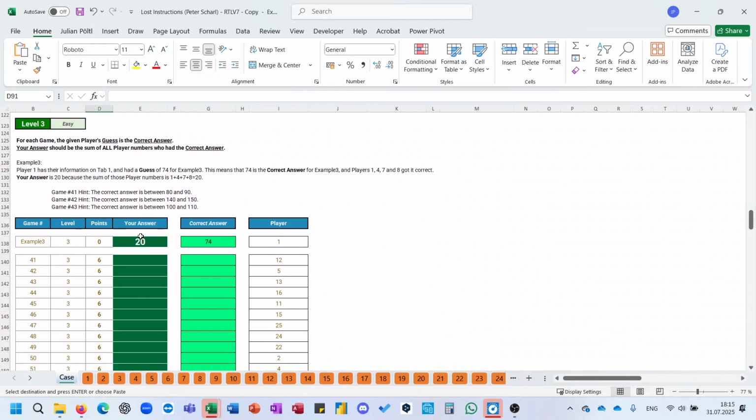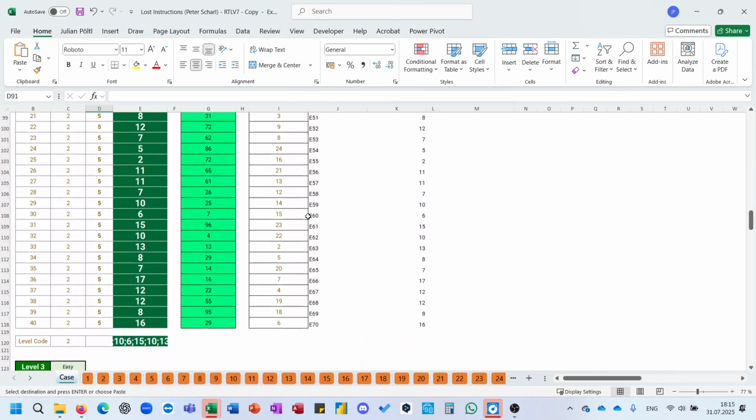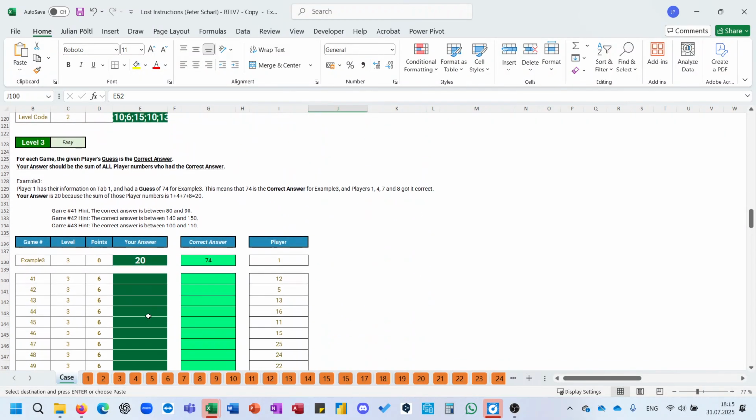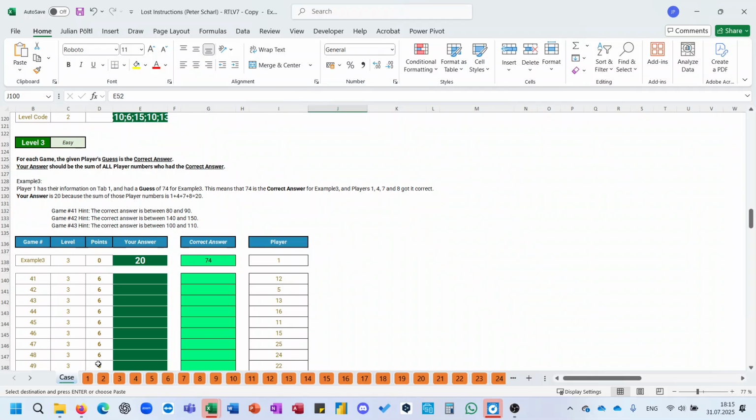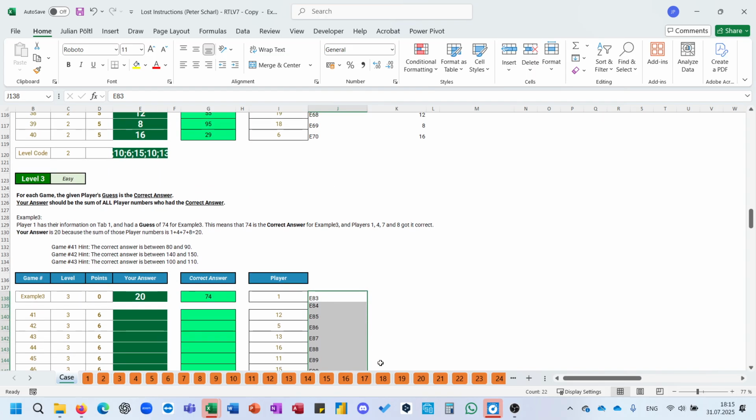Now, sum of all players who had the correct answer. So basically, I need here the starting cell E83. Then I need the correct answer.